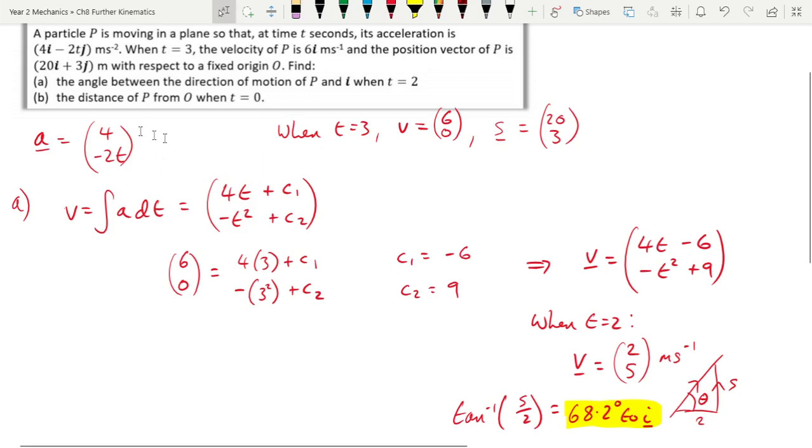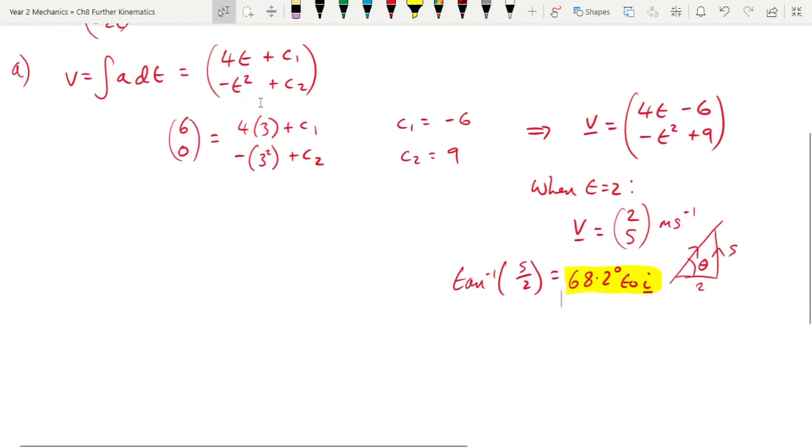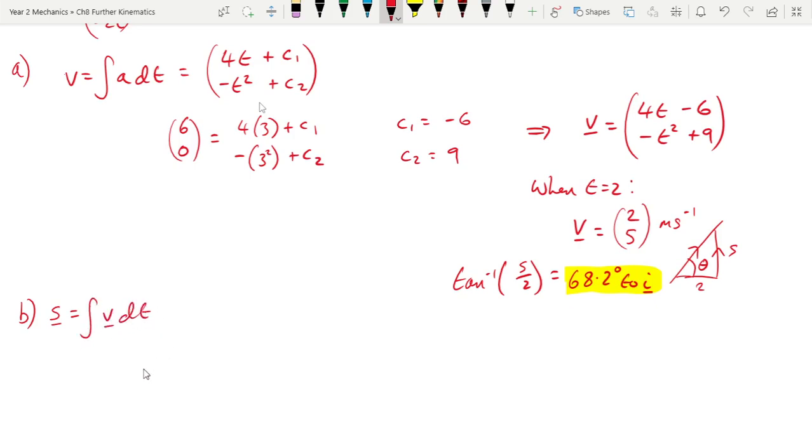Okay, for part b, the distance of the particle from the origin when t is 0. To get distance or displacement, we're going to need to integrate the velocity. So s is the integral of velocity, or the area under a v-t graph gives you displacement, doesn't it? So we need to take this expression for v that we found earlier and integrate it.